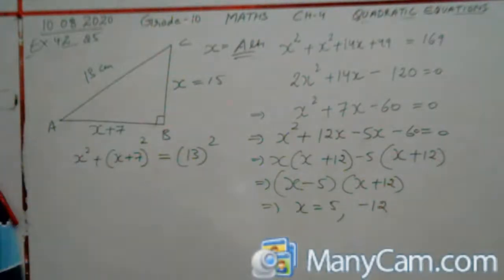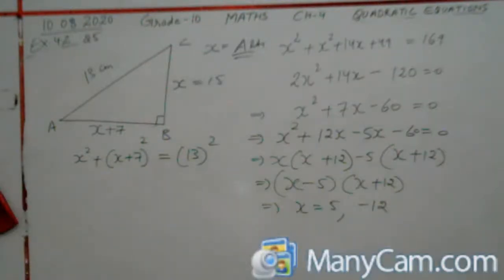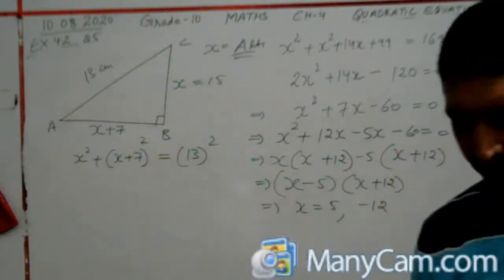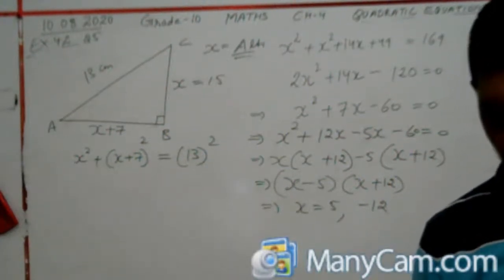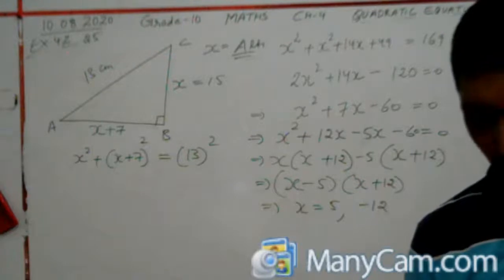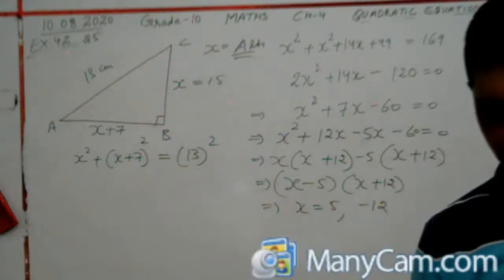So this is all about question number 5. Similarly, we have question number 6. The statement is: a cottage industry produces a certain number of pottery articles in a day. It was observed on a particular day the cost of production of each article in rupees was 3 more than twice the number of articles produced on that day.